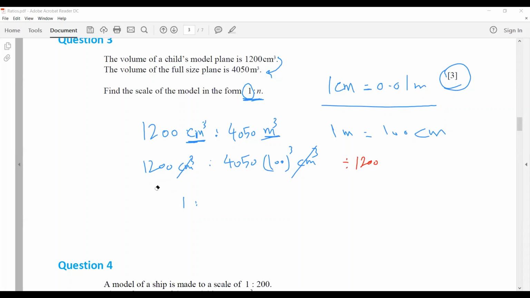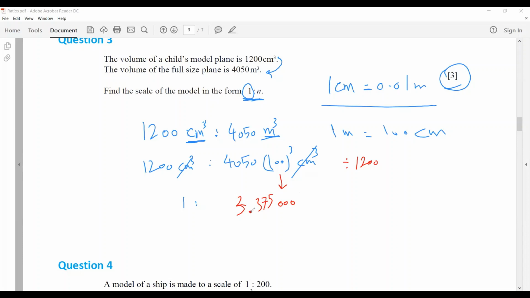0.375 times 10 to the power of 6. And 4050 divided by 1200 is 3.375, times 10 to the power of 6, which at the end you get, let me apply those zeros, 10 to the power of 6.